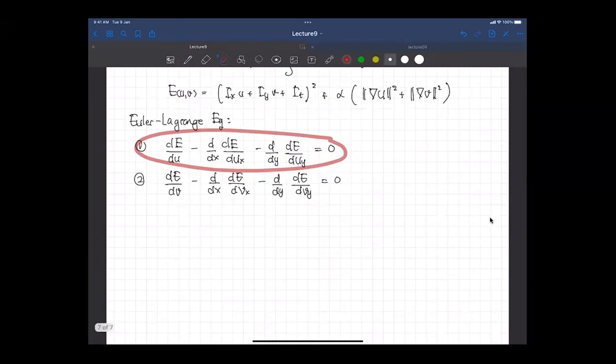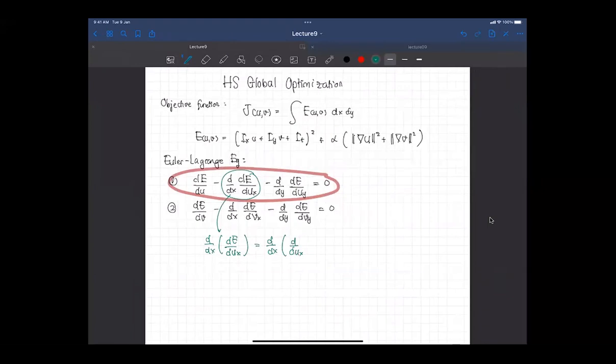Okay, so if you focus on this equation, one thing that you might have in your mind is: what is this equation? What does this term mean? That equation is quite complex. So that equation is d/dx dE/dux.